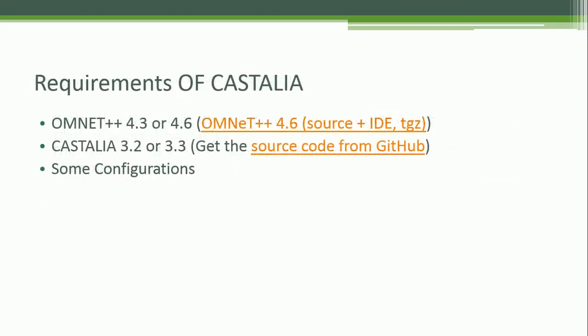What is required to install or to use Castalia? We need two things. First, OMNeT++. As we said, Castalia uses OMNeT++, so we must install OMNeT++ 4.3 or 4.6.